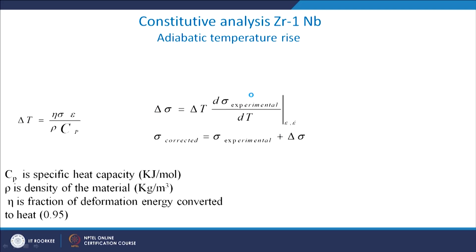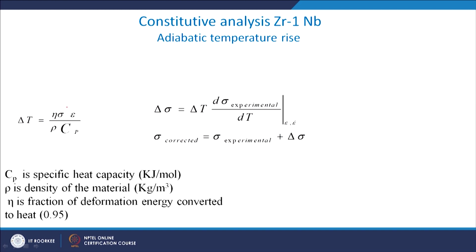Now, one thing I just mentioned at that time but did not bring out is the adiabatic temperature rise. Basically, the adiabatic temperature rise delta T can be given by an expression like this.